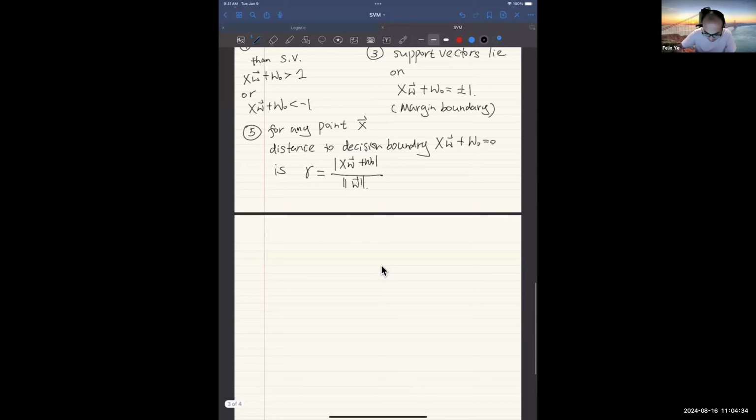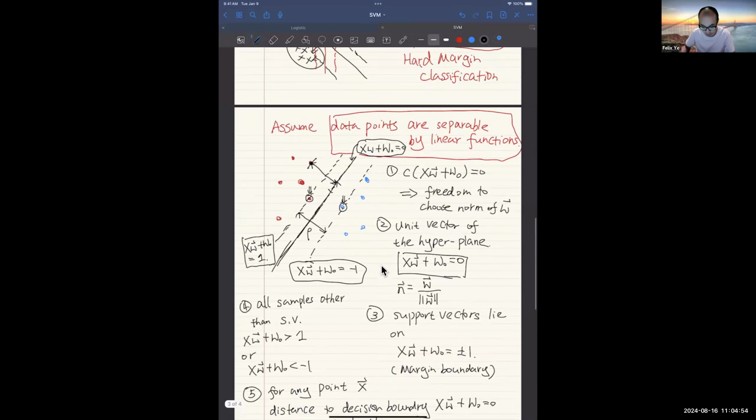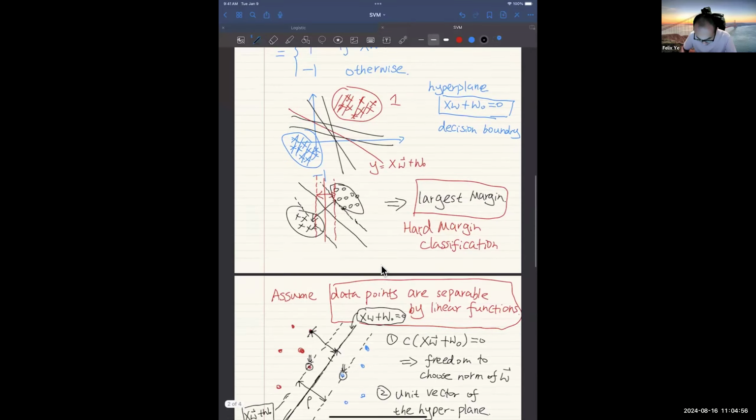If that's the case, I'm going to call the whole margin here rho. But we know the distance between these two margins.